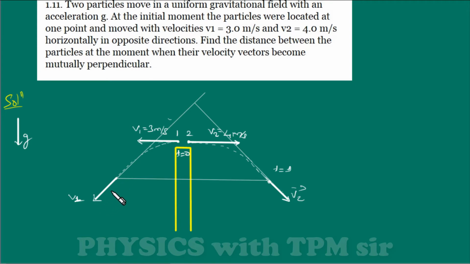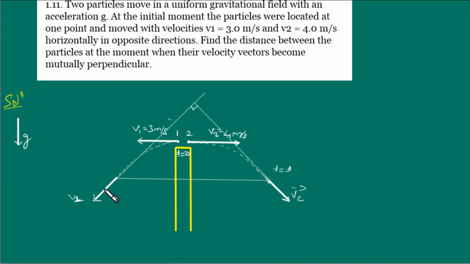At this instant, according to the question, their velocities become perpendicular. So I have extended their tails, and see how I joined them: at the point of intersection of these tails, v1 and v2 are making 90 degrees with each other. So this is the question.